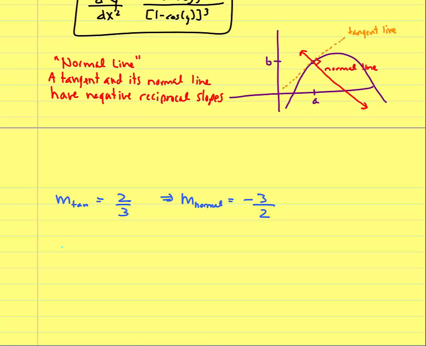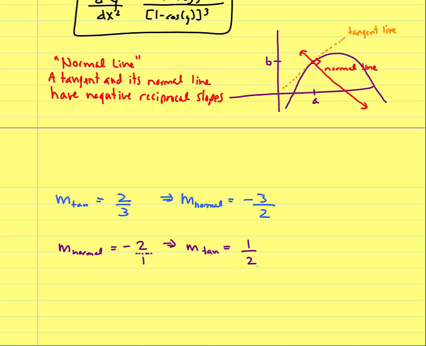So let's look at another example. The slope of the normal line, let's say, was -2. The slope of the tangent line is a negative reciprocal. So let's think about this as -2/1. So the negative reciprocal, this would become a +1/2.